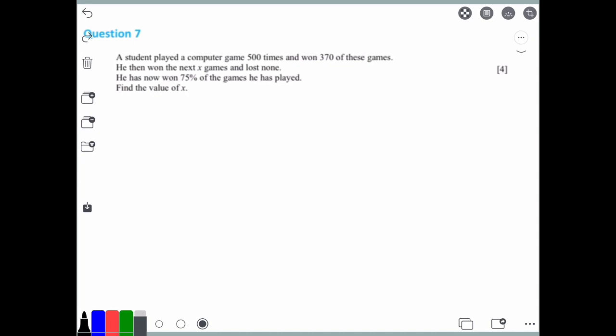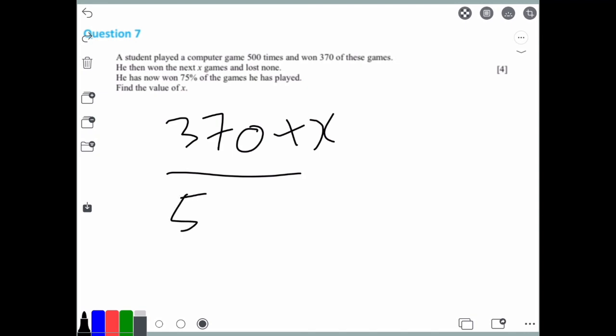Find the value of X. From this information, we can tell that the division we need to deal with is 370 plus X over 500 plus X. As both wins and attempts are increased by X, we know that this division is equal to 75% or 0.75.